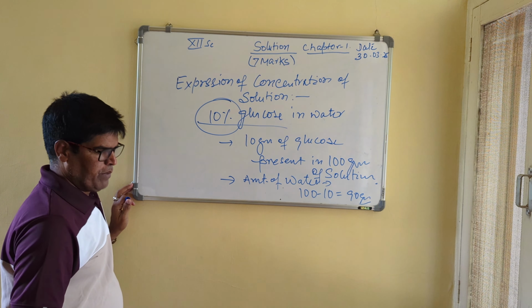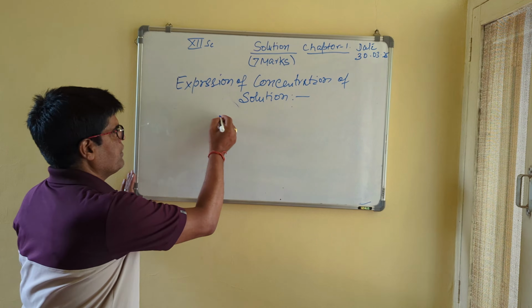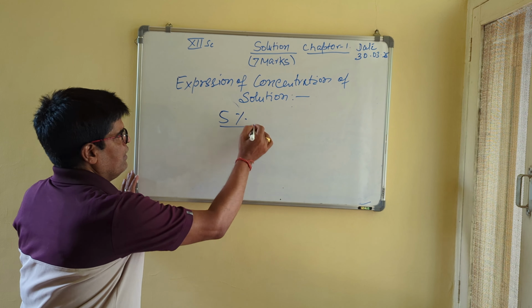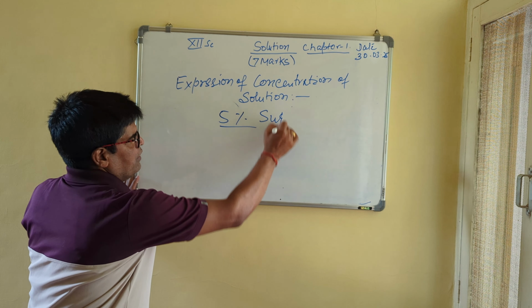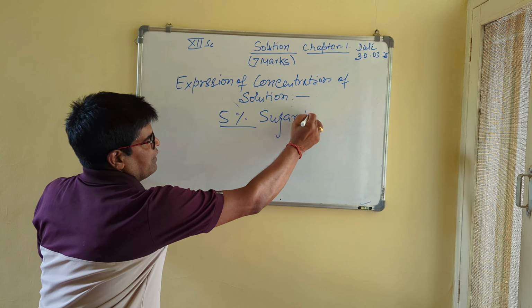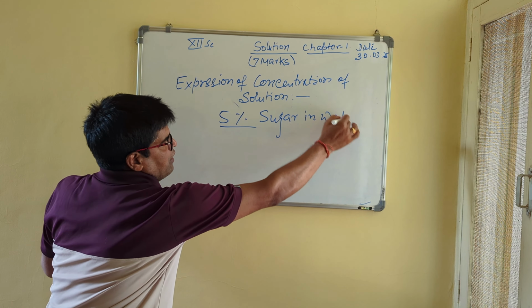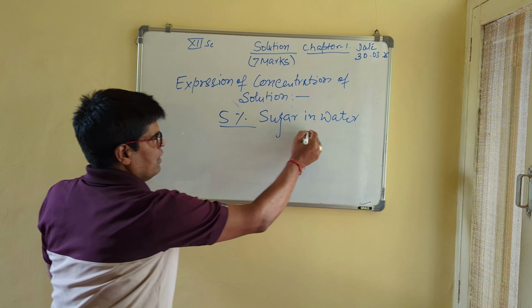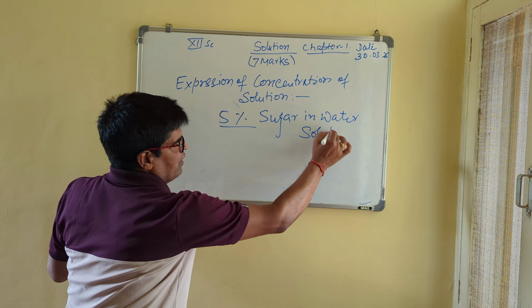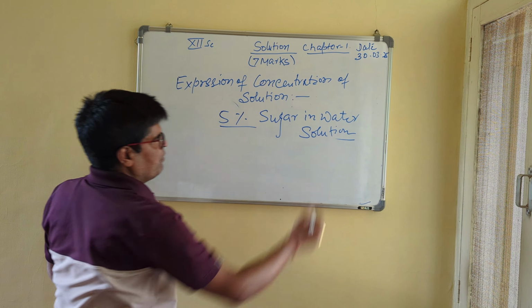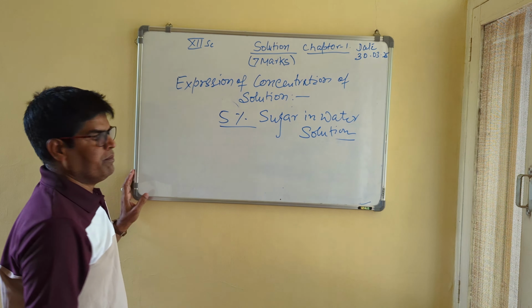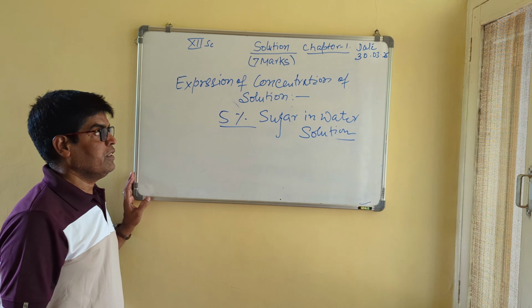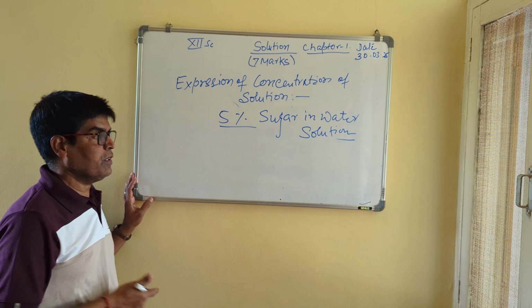Similarly, take another example of mass by mass solution, a 5% sugar in water solution. The question comes: what is the meaning of 5% sugar in water solution? What is the amount of solid, what is the amount of solvent?